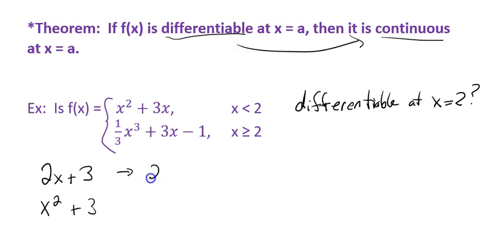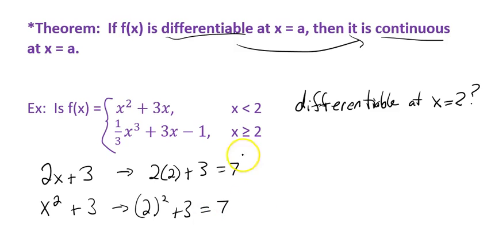If I plug in 2, 2 times 2 is 4, plus 3 is 7, and then if I plug in the 2 at the bottom, 2 squared plus 3 is also 7.